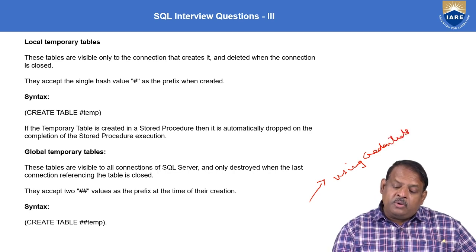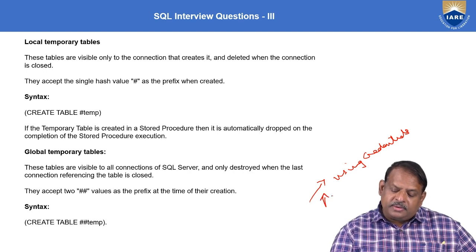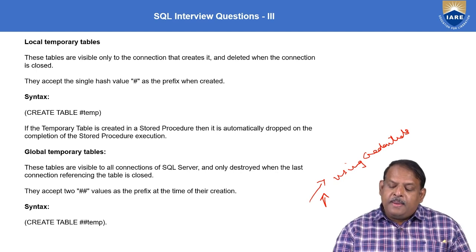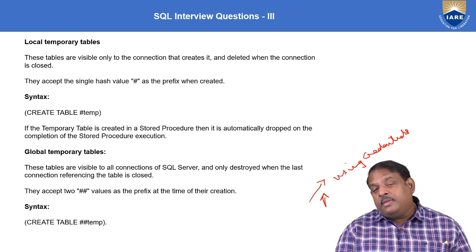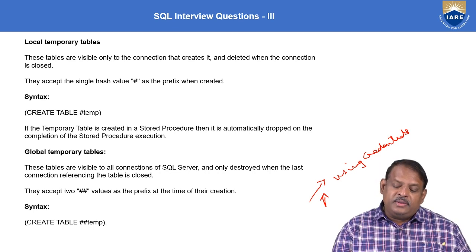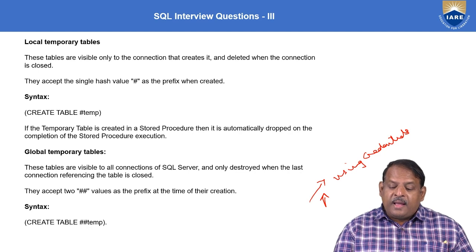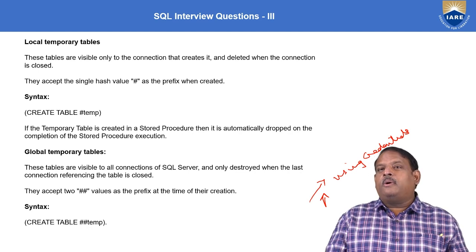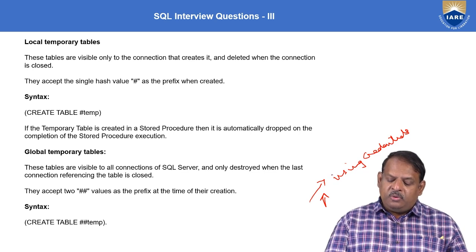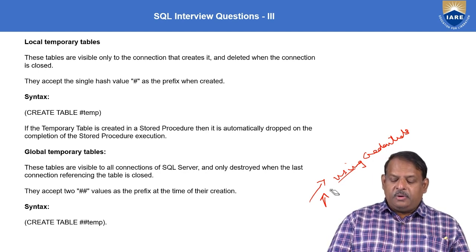When you create a local temporary table, it is specific to only this connection. If at the same time another user is trying, they will not see this temporary table, and the table will be dropped automatically when the connection is closed.